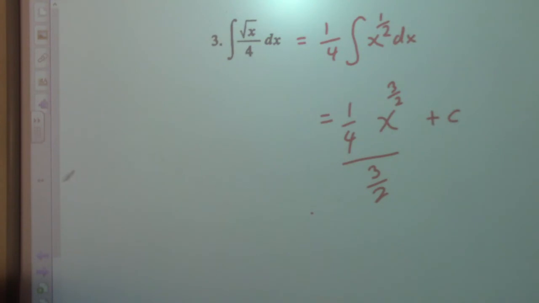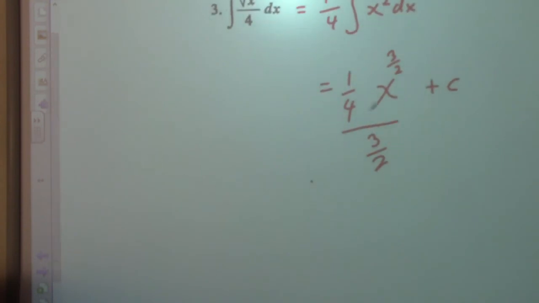And whenever you do this, you can do this quickly in your head when you have a mind to, you can just multiply by the reciprocal of that. So we can just turn this fraction upside down, x to the 3/2 plus c, and simplify this out as much as you can. So you get 1/6 x to the 3 over 2.